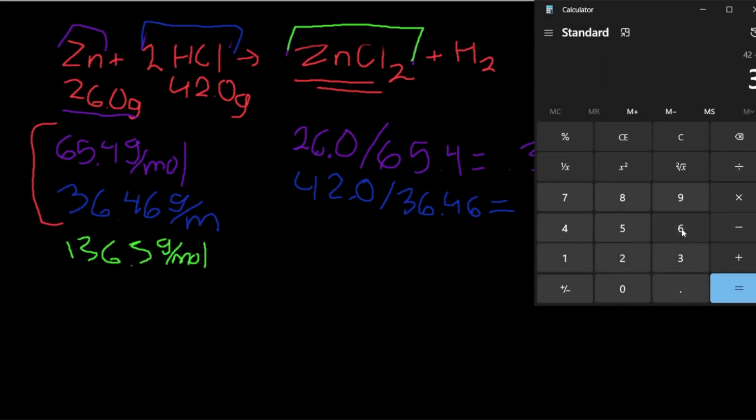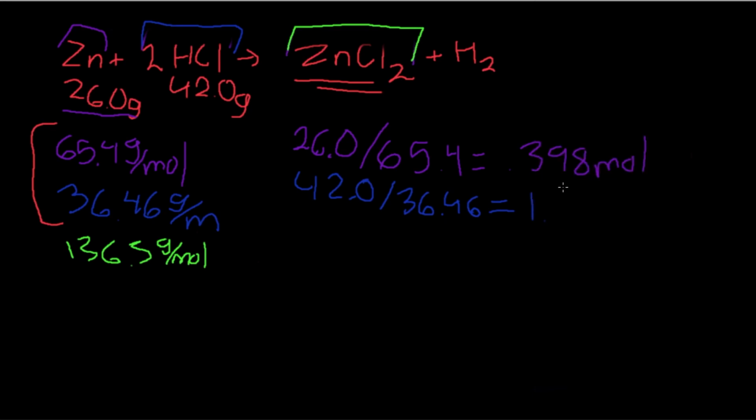That gives 1.15. Remember 3 sig figs: 1, 2, 3 right there. So 1.15 moles.